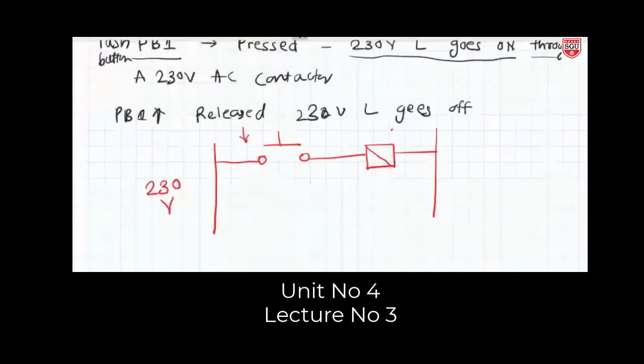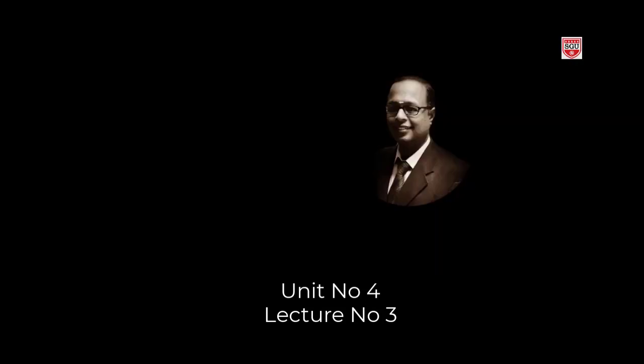This is the contactor coil. The coil has two terminals. It is shown as K1: the contactor name is K1, one terminal is A1, and the other terminal is A2.